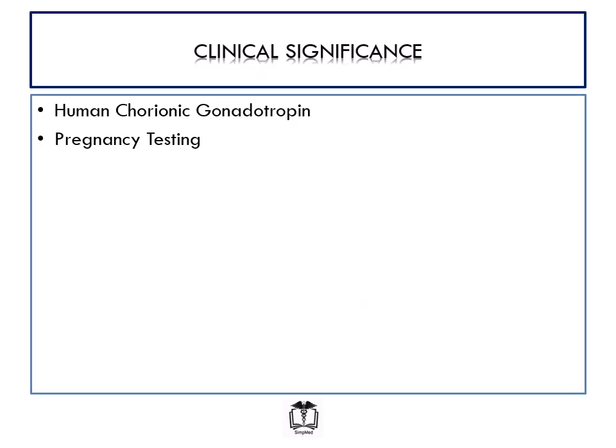Clinical significance. It's very important that during the development of the embryo around this time, we start to see the production of a very important hormone known as human chorionic gonadotropin, or HCG for short. This hormone is produced by the syncytiotrophoblast and is used as a very important marker of pregnancy.